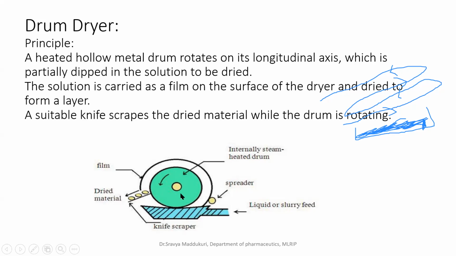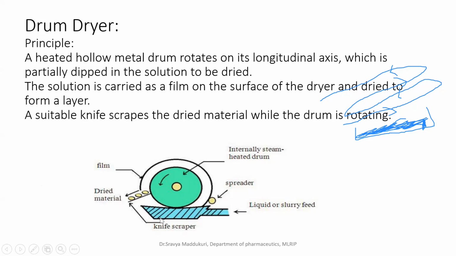This drum is hollow, first thing, and this is shown in a cross sectional view. If you want to imagine it in 3D, you can imagine a road roller's drum. The heated hollow metal drum rotates on its longitudinal axis, which is partially dipped, not fully dipped, in the solution to be dried.